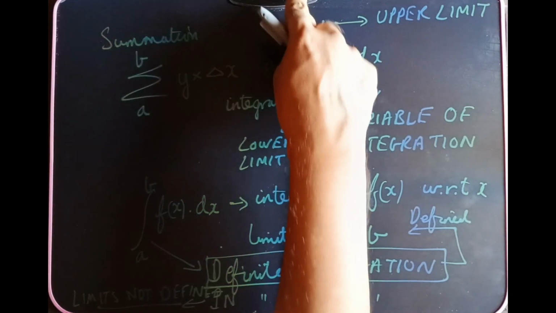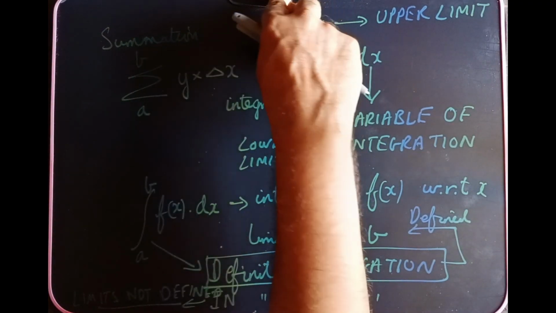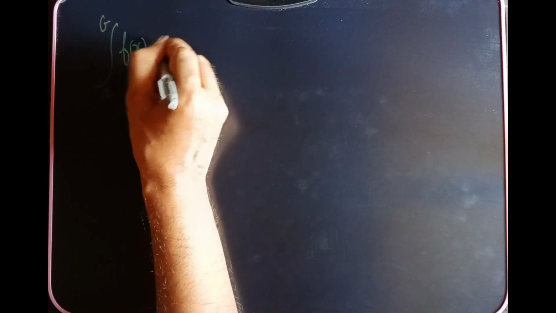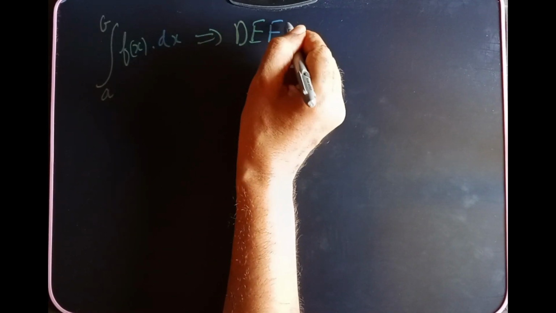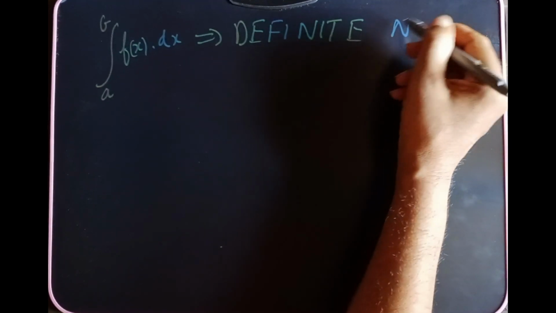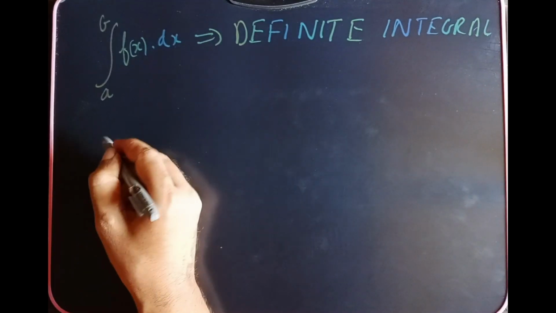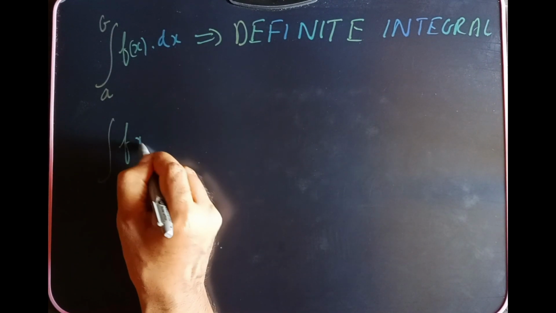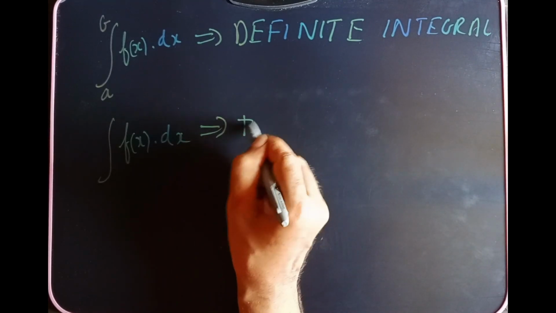I'll clear this out. If you noted this down, well and good. So if you have limits a to b of a function of x with respect to dx, this is a definite integration. And if you have no limits, then this is called indefinite.